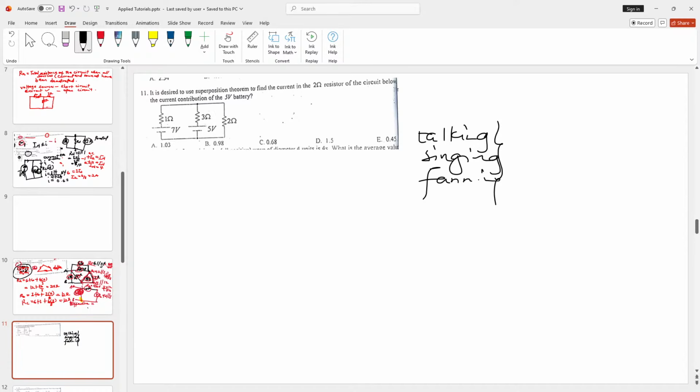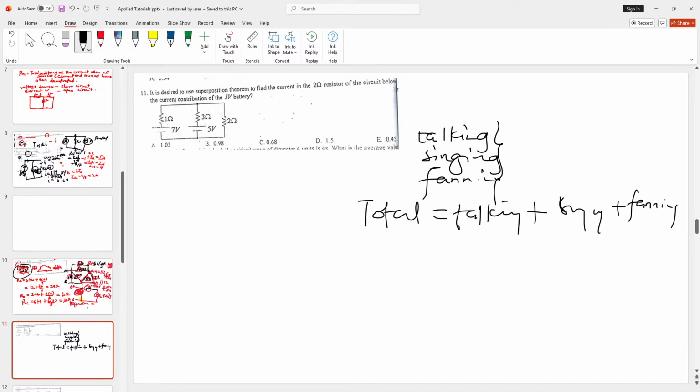Now, you sitting there, what you are going to hear, the total sound is going to be those two guys talking plus that lady there singing plus the noise the fan is also making. That's going to be the total sound you are going to hear. So that's what superposition is saying, that you can make each source act alone, and after you are done, you combine the results when each of the sources was acting alone.